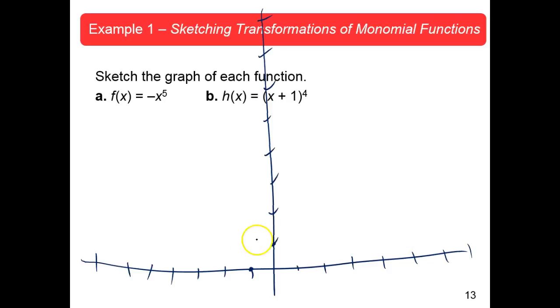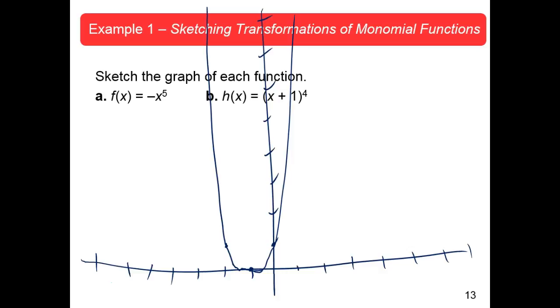So it looks just like the last, except you've shifted it horizontally 1 unit to the left. Exactly what you said. So it's going to be steep here, come down here, flatten out around the vertex, and then go up really steep again. I don't even have them steep enough, and probably not flat enough. Okay? That's what it's going to look like. Make sense? Every point is shifted 1 unit to the left.